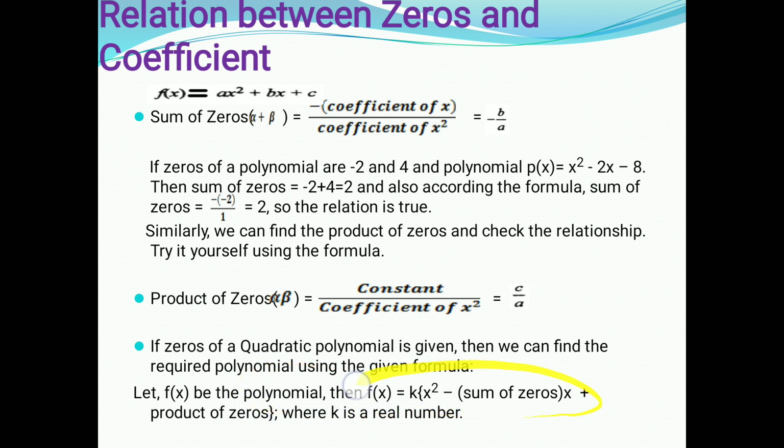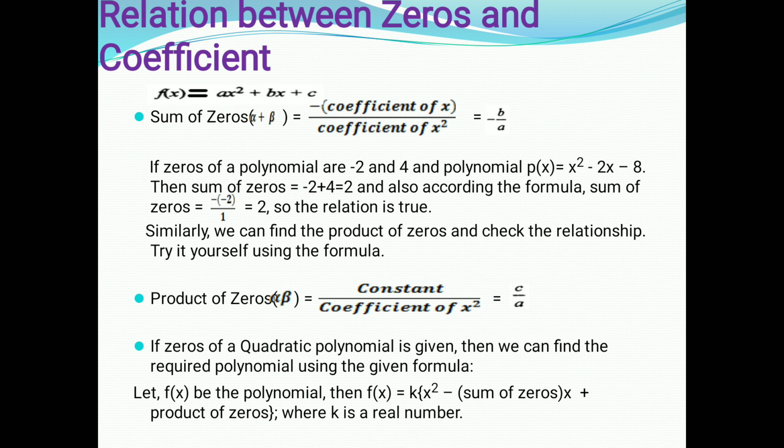We need to follow this formula: f(x) = k(x² minus (sum of zeros)x plus product of zeros). Here k is any real number. Once you solve this, you will get the polynomial f(x). Clear?